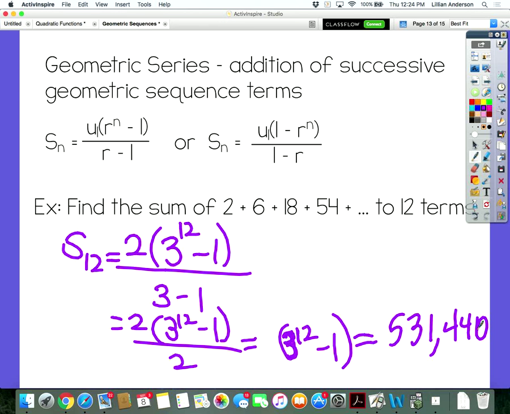And yes, you could have achieved that before even doing any kind of simplifying. Just make sure that if you wanted to plug all your work into the calculator at this point, you include parentheses around the denominator, and please make sure you include parentheses around that r to the n minus 1 part. Okay? Question on that?